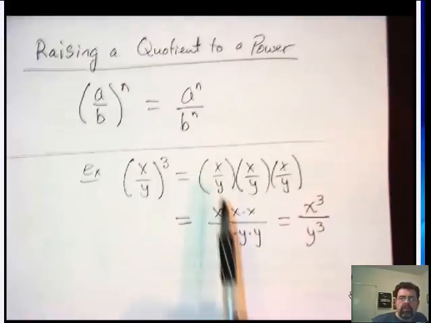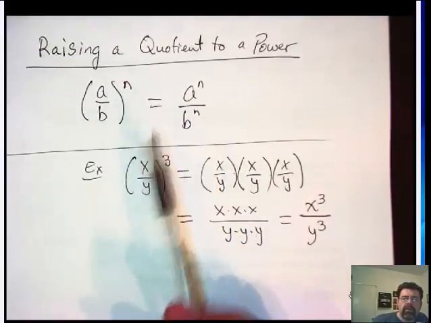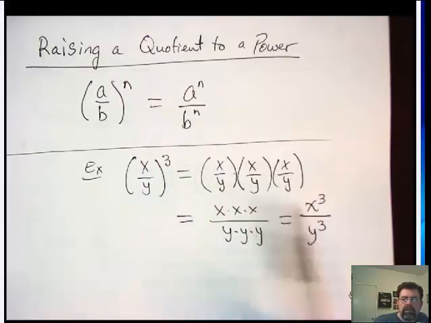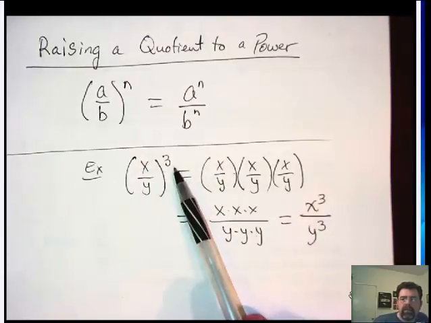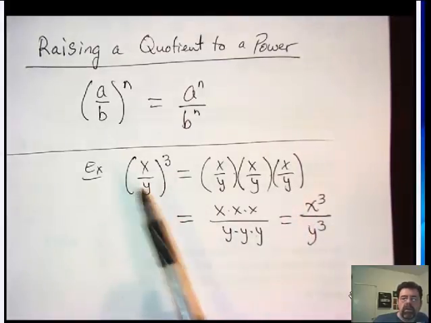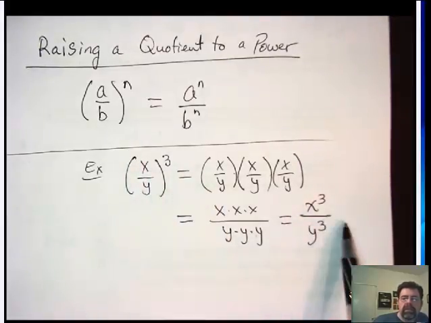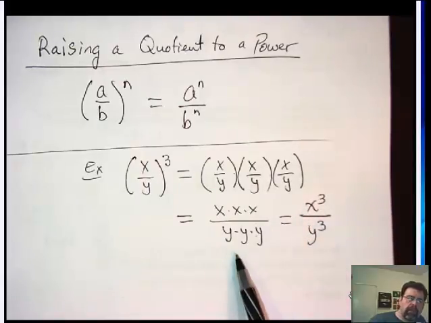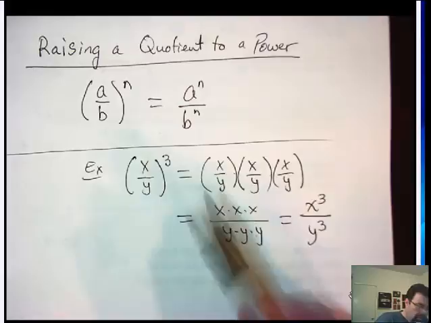So again, this property is created so you can cut to the chase. Oh, I'm sorry, a quotient to a power. You're going to raise each number in the quotient to that power. Okay, so that's a nice little shortcut.